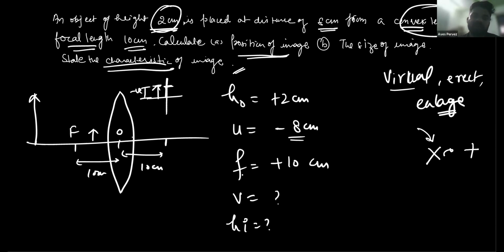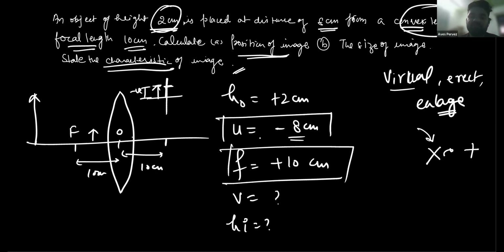So I write here positive 10 because it is a convex lens. And u is always taken as negative, irrespective of whether it is a lens or a mirror. Placed at a distance of 8 centimeter means the object is placed 8 centimeter from the lens, so we write it minus 8.